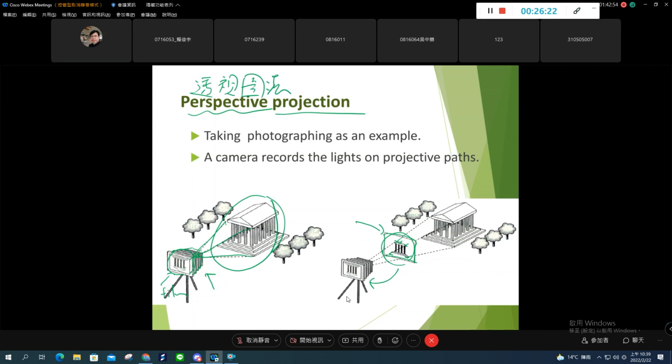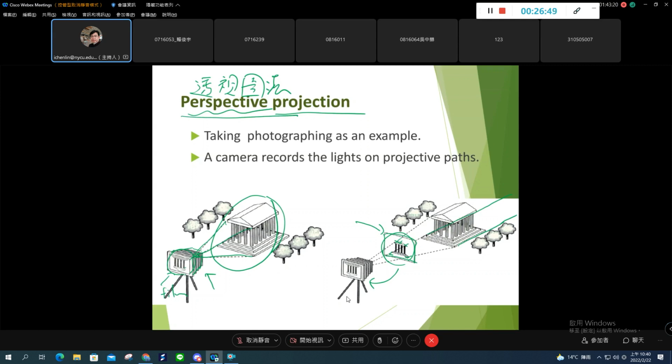So the advantage of perspective projection is that it can represent the so-called perspective idea, such as the vanishing point. If your lines go straight forward, through the perspective projection you can find the vanishing point.